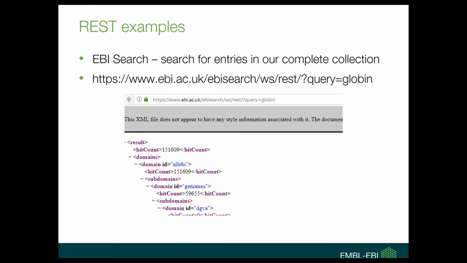There's a sort of root, ebi.ac.uk/ebisearch/ws/rest, and then there's the query. And if you did that in a browser, which you can do, you get a programmatic response, in this case, an XML style document containing the results. This is easy for a computer to process. So you can just quickly test out REST examples just by changing the text in the URLs.